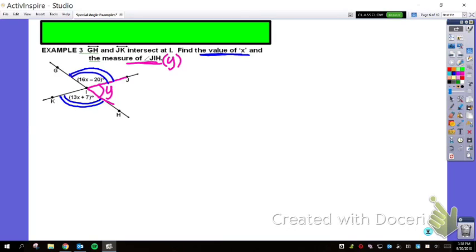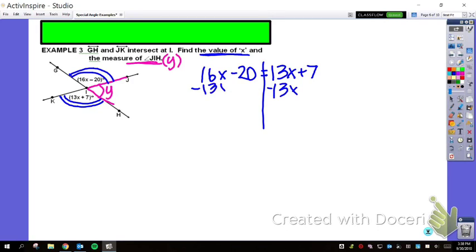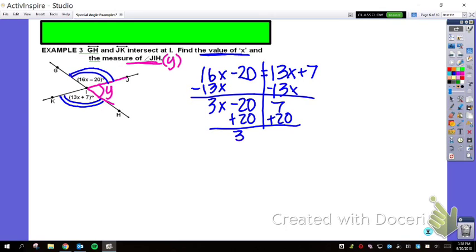So to find x, we have to say 16x minus 20 equals 13x plus 7 because they're vertical angles. Now again, we're solving to get what x is. 3x minus 20 equals 7. Add 20, and we get 3x equals 27. So x equals 9.